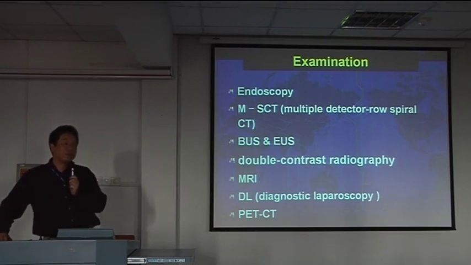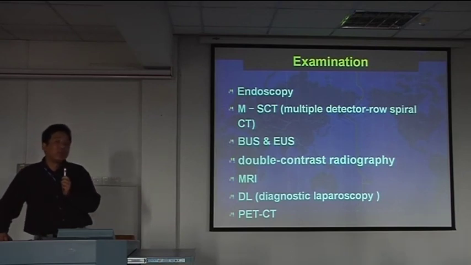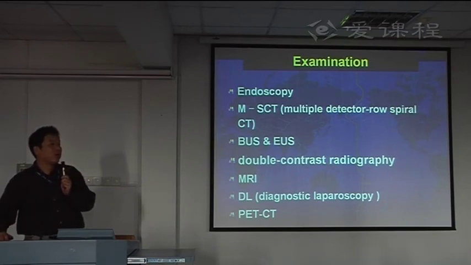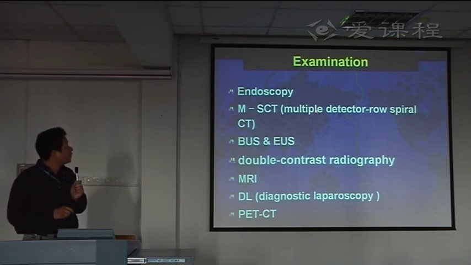In our hospital, about 20% of patients are at early stages. So in the city, the early stage is much more common than in the rural area. So gastroscopy is very important.